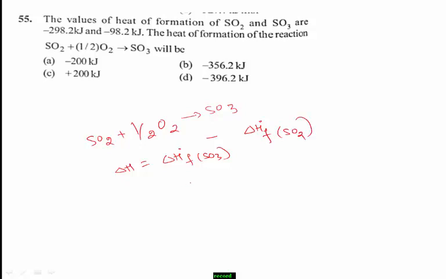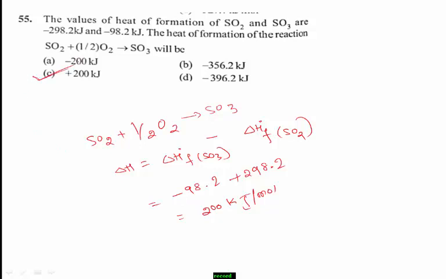Therefore, we get minus 98.2 plus 298.2. When you sum this, you get 200 kilojoule per mole. 200 kilojoule per mole is the answer. Therefore, option C is the right answer.